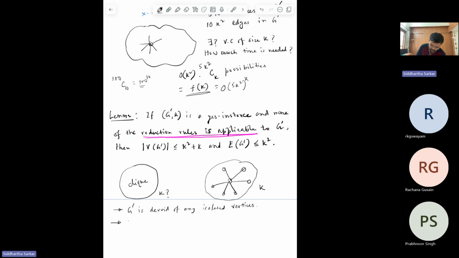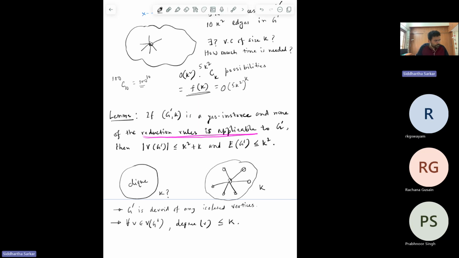So for all v in the vertex set of G dash, degree of v is at most k. So what do these two things imply?